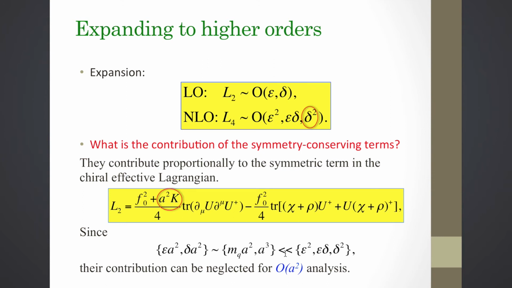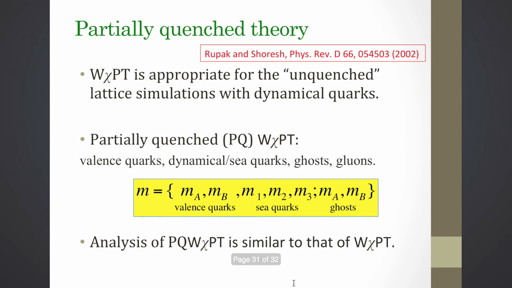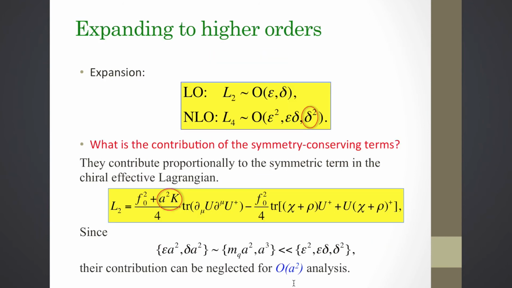This is actually much smaller than the next to leading order contributions, and therefore we can just neglect their contributions for our order a squared analysis. In this way, we only need to worry about the symmetry breaking terms at order a squared.